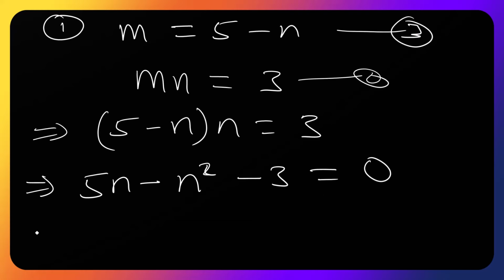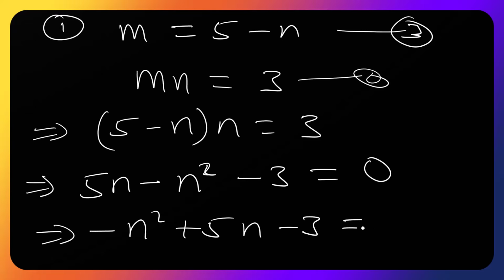So it's the same as minus n squared plus 5n minus 3 equals 0. So we can divide through by -1. So that will be n squared minus 5n plus 3 equals 0.